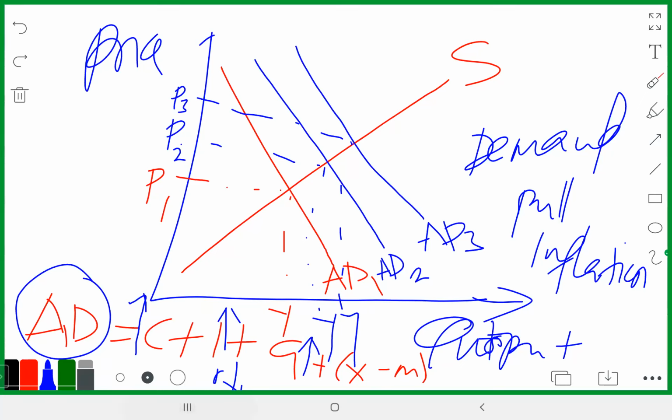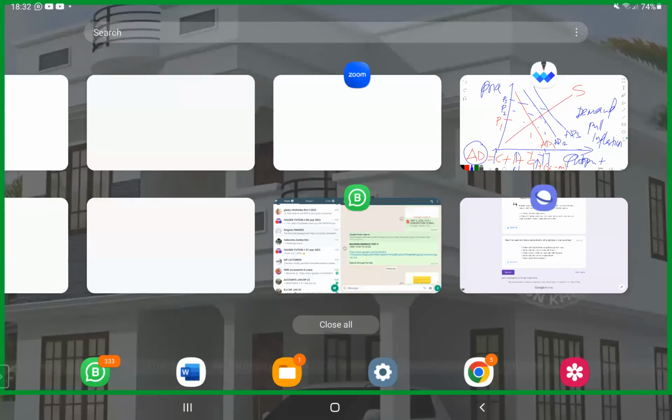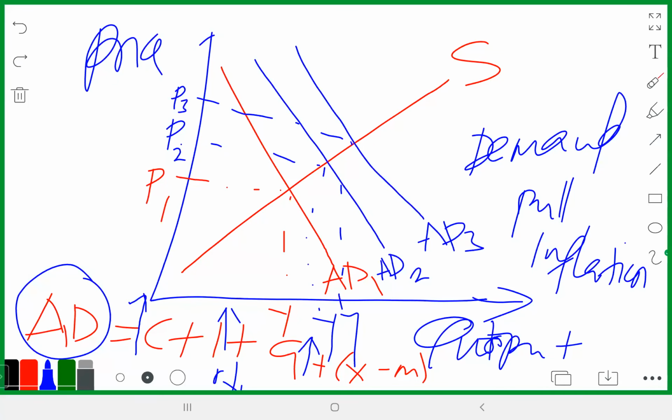I was saying the easiest way of looking at the causes, you just write this equation which gives us aggregate demand. We know that aggregate demand is equal to C, consumption, plus I, investment, plus G, government expenditure, plus net exports.